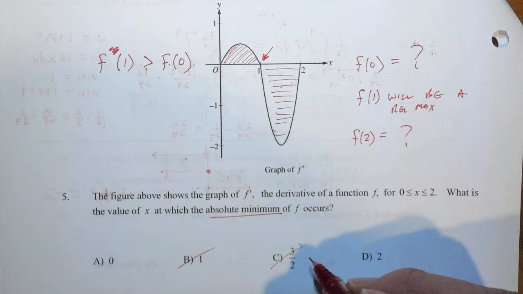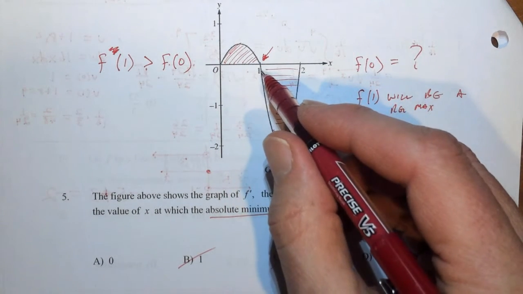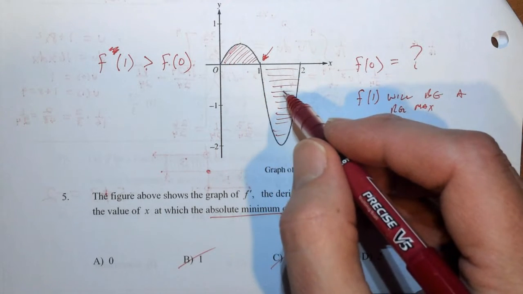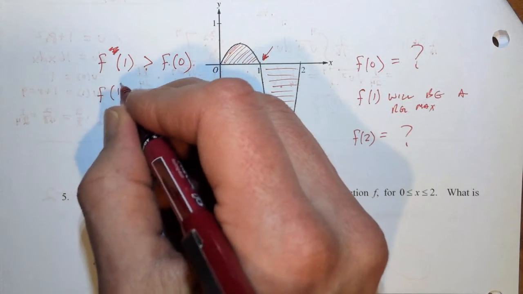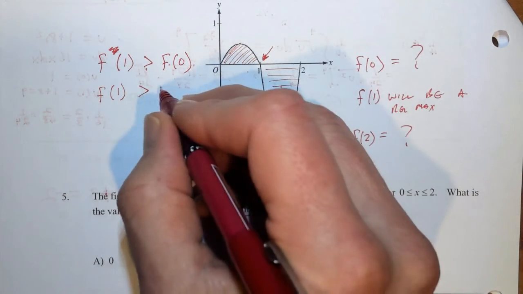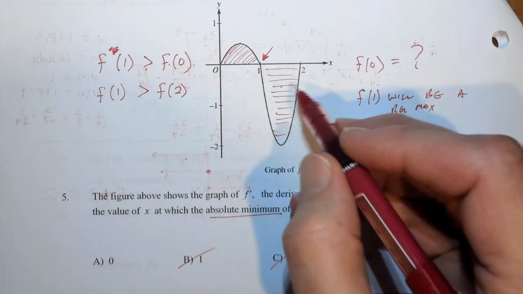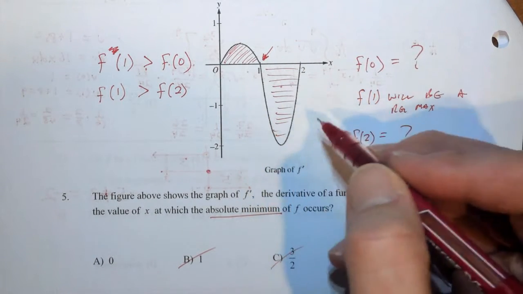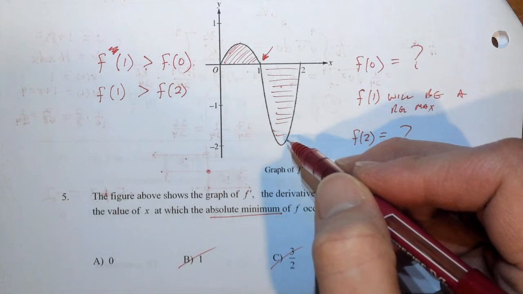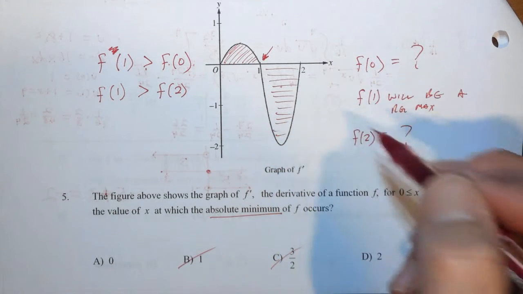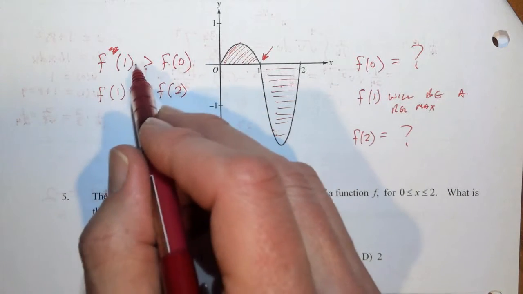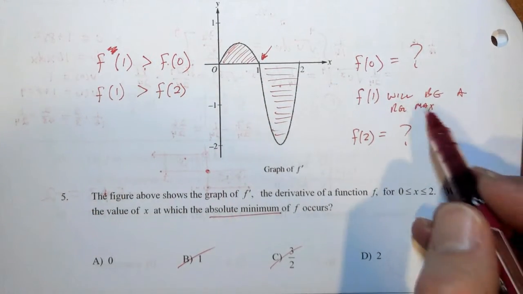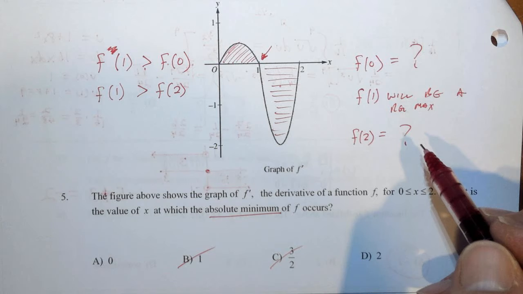And we can see that because this area is below the x-axis, f of 1 will be greater than f of 2, because we will be subtracting this area from f of 1 since it's below the x-axis. So now that may not really help us because we can see that f of 1 is bigger than both of these, which we knew anyways because f of 1 was going to be a relative max.